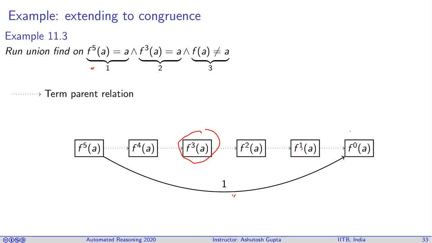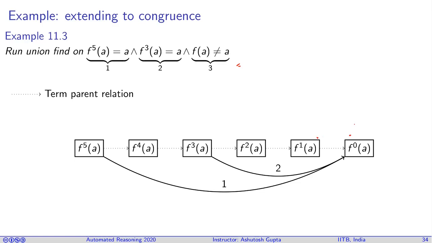Therefore, this one wins as the root, and you connect these 2. Yeah, that's what we do. We have to construct this inequality. You can see that for this inequality, these 2 are not in the same equivalence class.